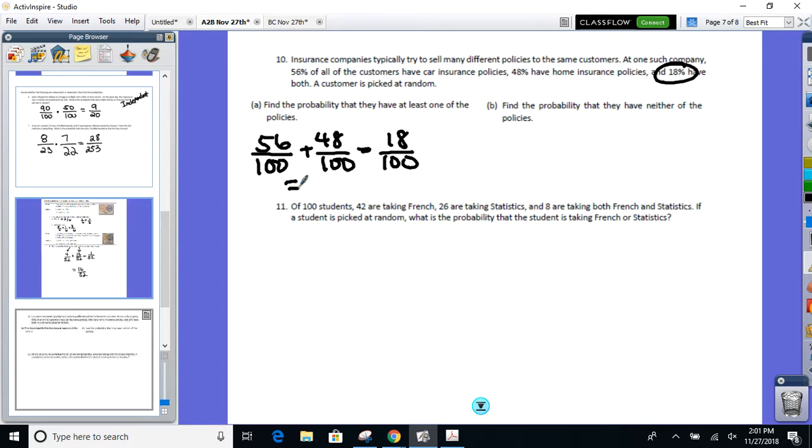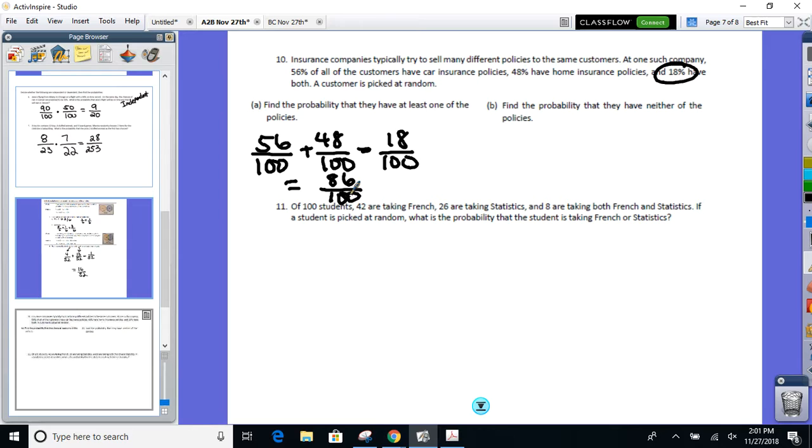So the probability will actually be 86 out of 100. If you want to reduce, go ahead.